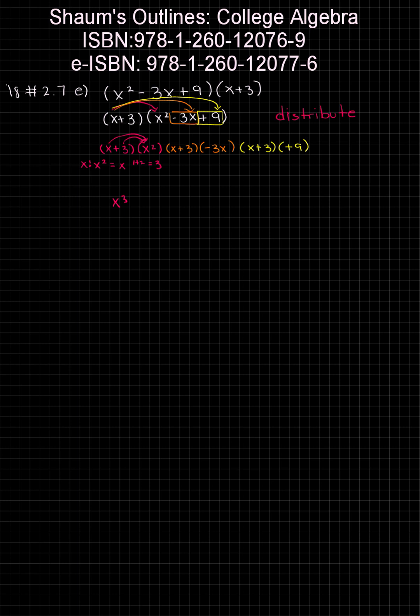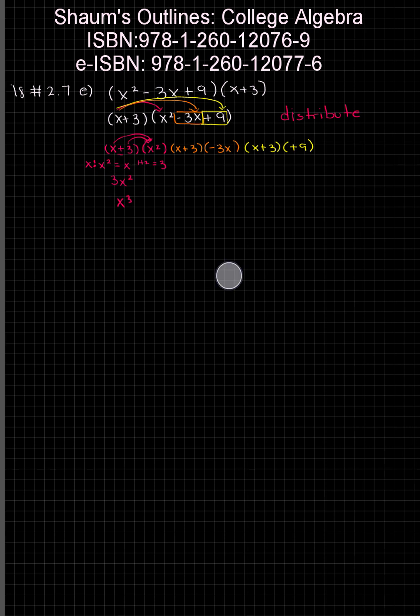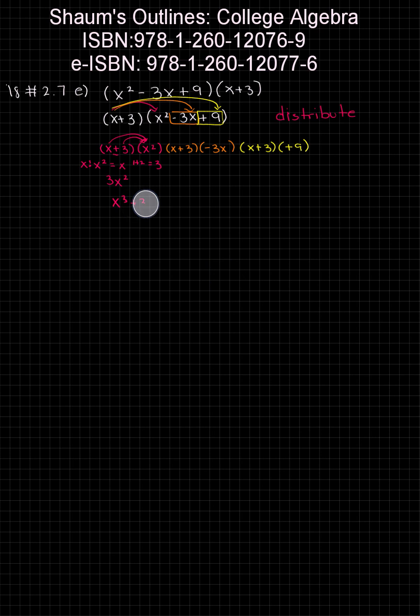So I'm just going to have 3x squared. See, I just put it together, right? And I keep my sign. So plus 3x squared.